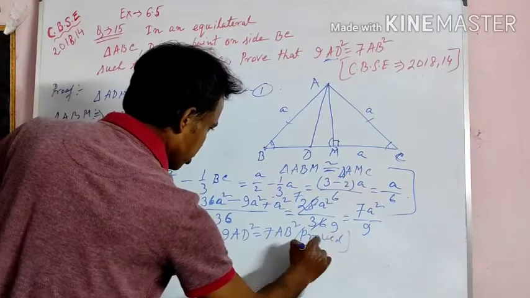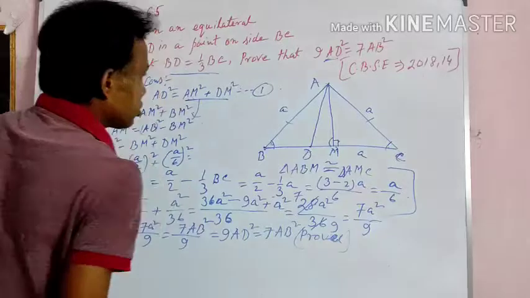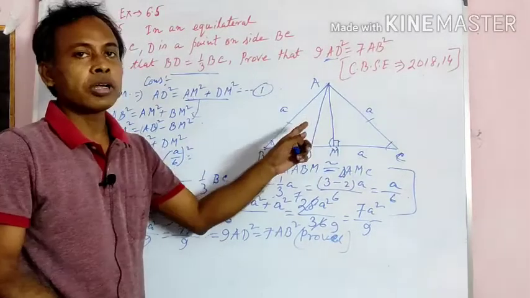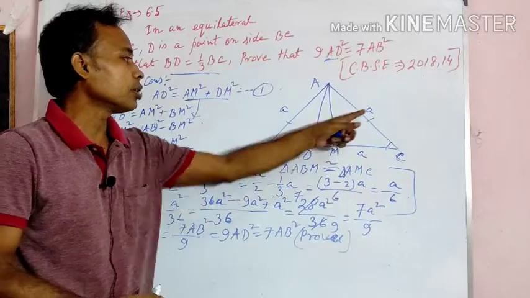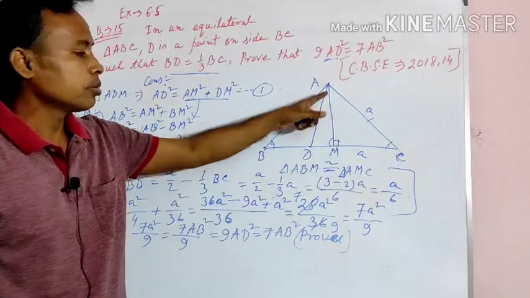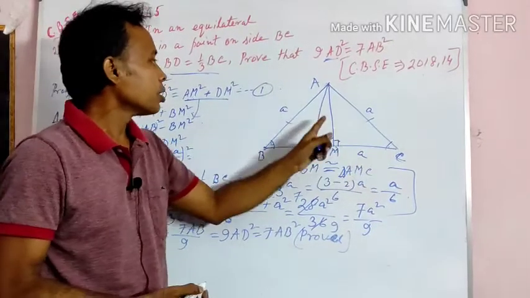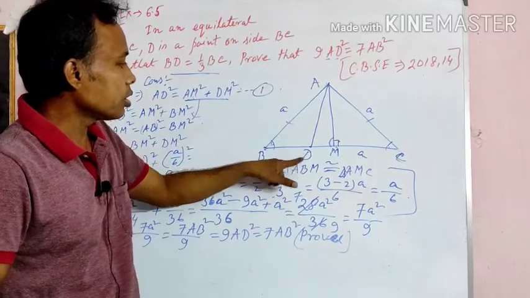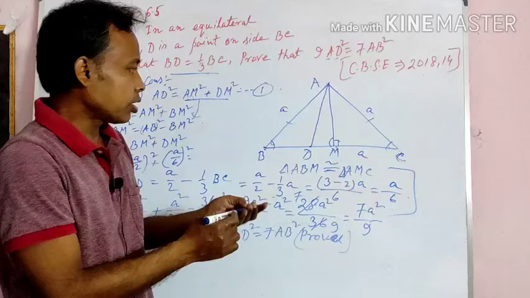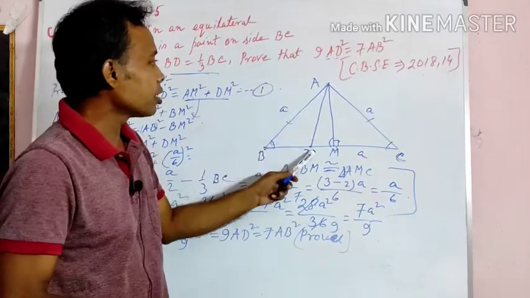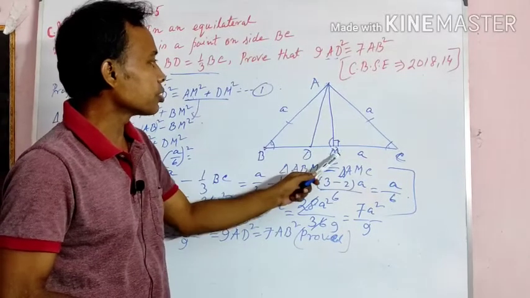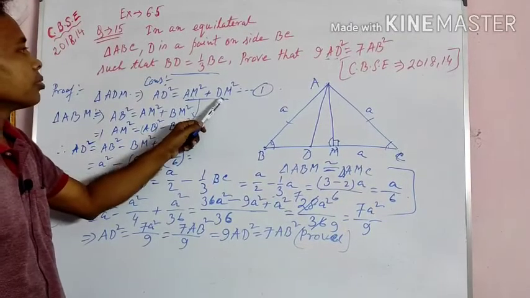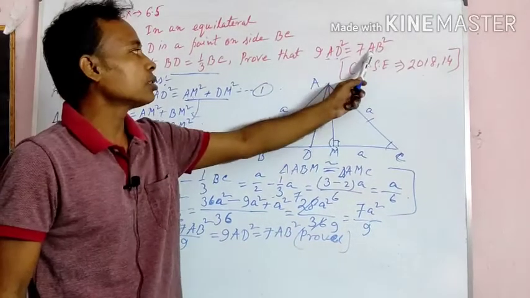So, very important question. First we draw an equilateral triangle ABC. The side of the equilateral triangle, suppose A, then draw a perpendicular AM to BC. Now since we need AD, take the triangle ADM. According to Pythagoras theorem, AD square is equal to AM square plus DM square. Now replace AM and DM, because on the right hand side there is AB square.